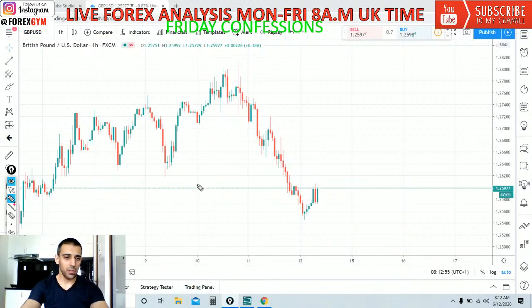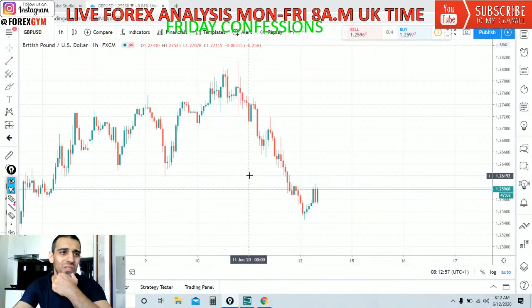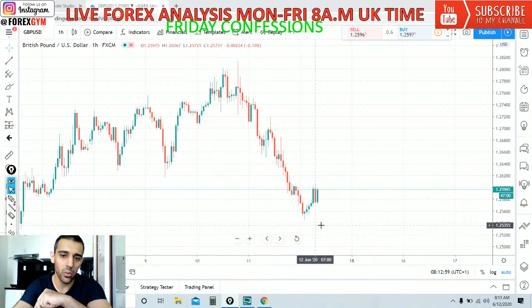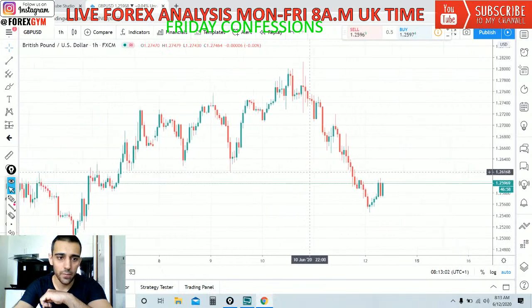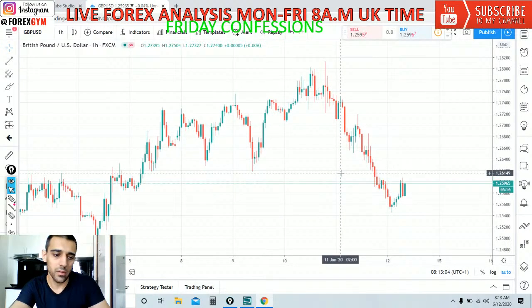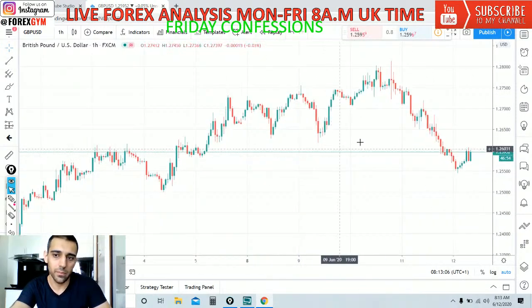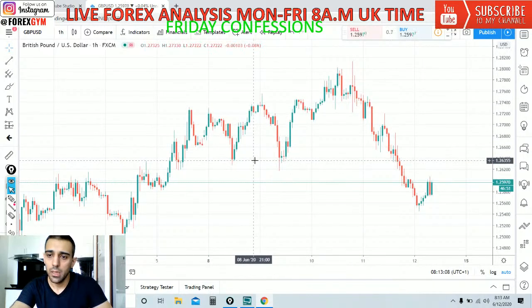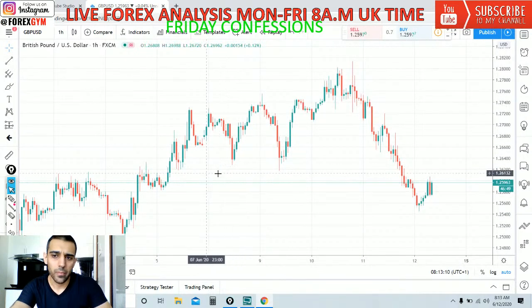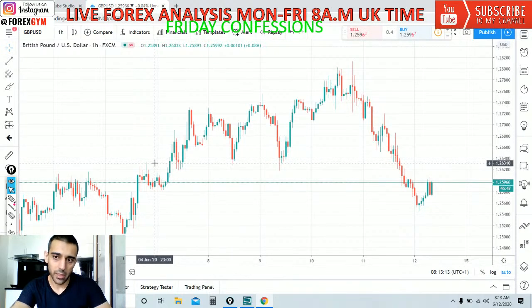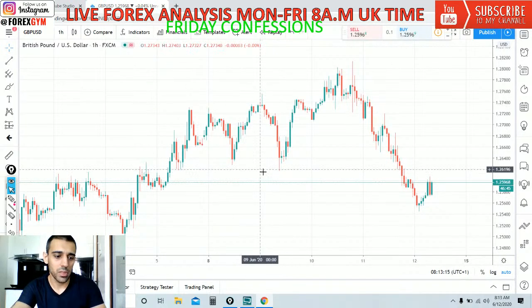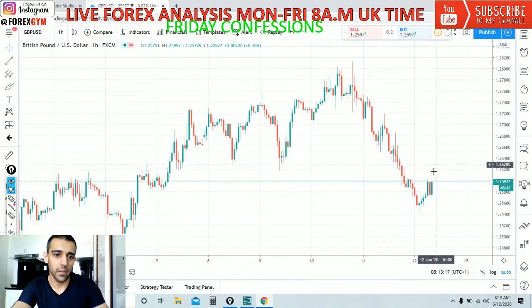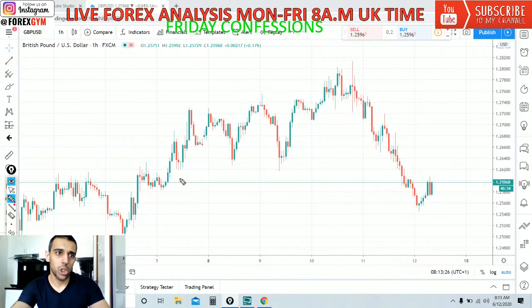But again, I can't measure the levels at the moment. We might come back to this one, the cable, after this 1 hourly candle is closed, if I'm still here. If I don't see any activity, then I will probably be leaving earlier than that. But I do see the potential on the cable, so I want to wait for the close of this candle, and depending how it closes, if it comes up to this level, I will be looking for the shorts.